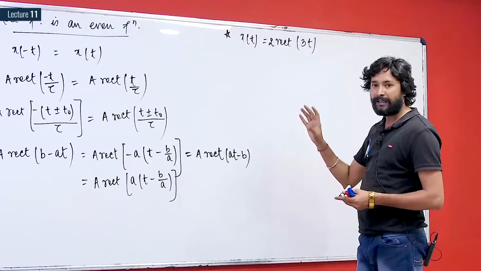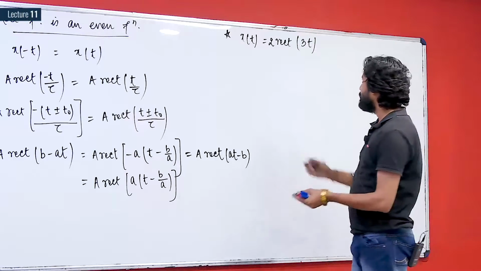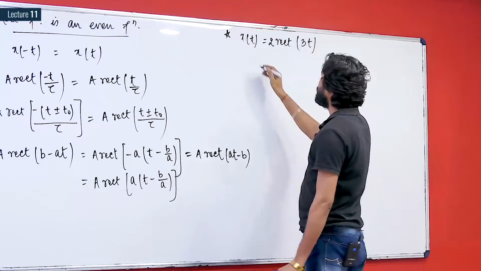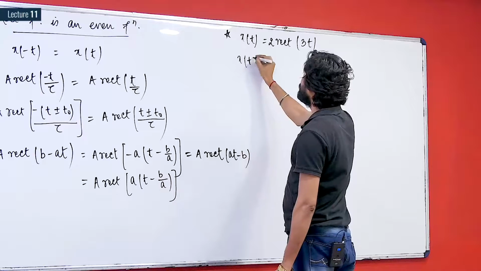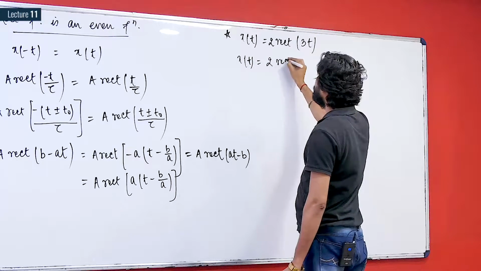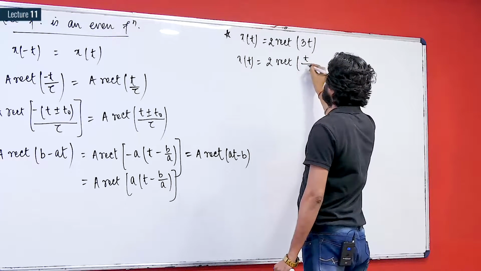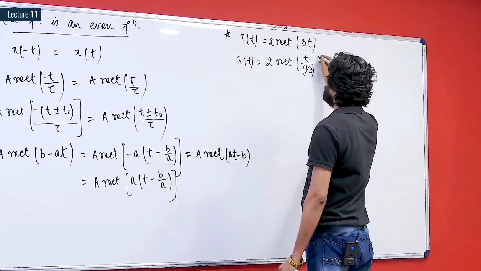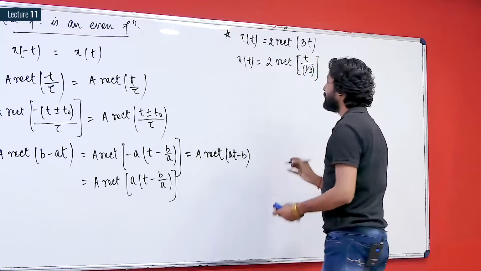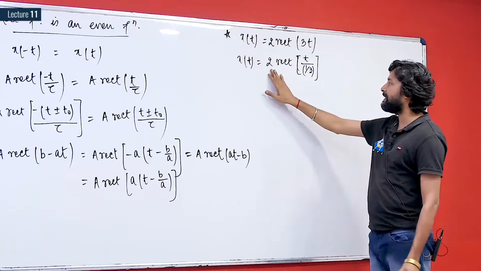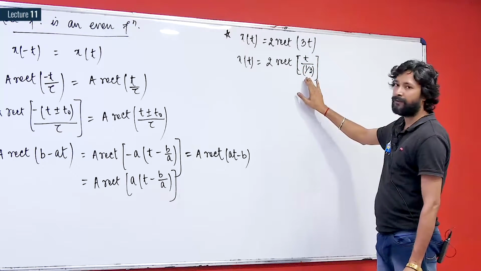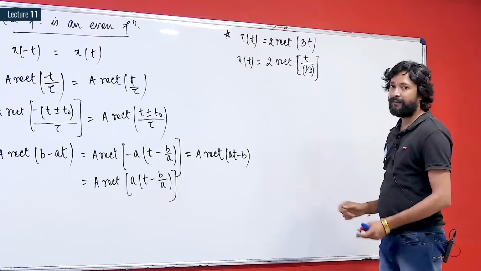We will be seeing different methods to represent a rectangular function, but in this case, we can write x of t as 2 rectangle of t upon 1 by 3. Now, if you represent this signal like this, then you can compare it with your standard signal, that is a rectangle of t upon tau, and the value of tau is going to be 1 by 3.